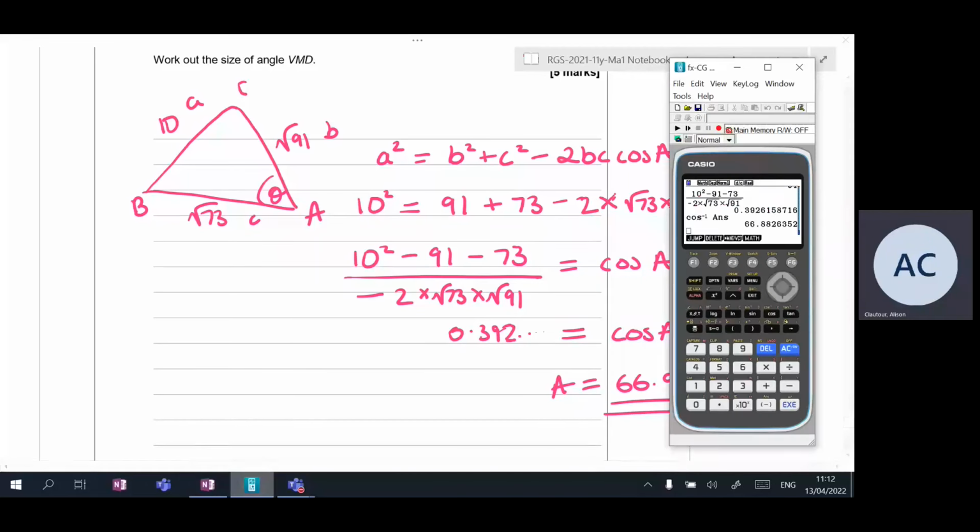Okay, the other thing you can do, to save yourself a little bit of rearranging, is go into equation solver. You can literally just type in the cosine rule as it was on that very first line.